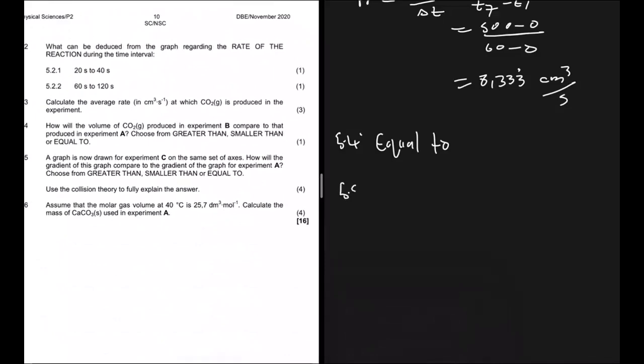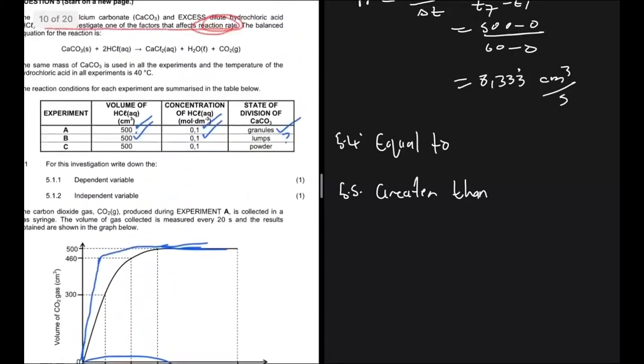So we're going to say that the gradient will be greater than, right? Which sounds a bit weird. It will be greater than in value, but it's not very scientific. The gradient will be steeper. But well, that's what they want from us. So it's greater than. And they're saying to back it up using the collision theory. So again, experiment C is powder, right?